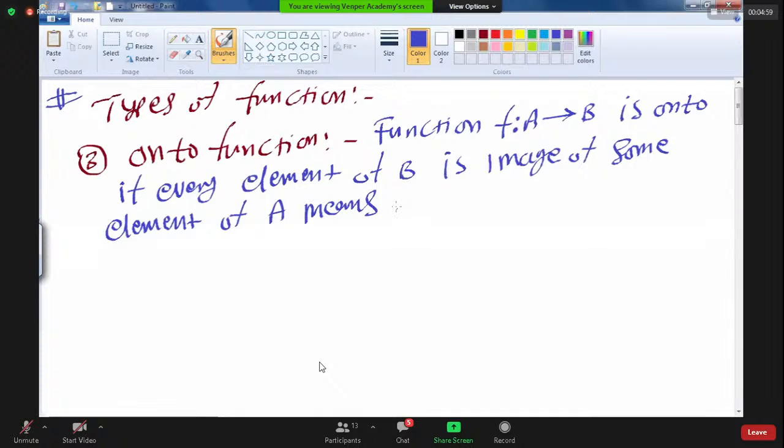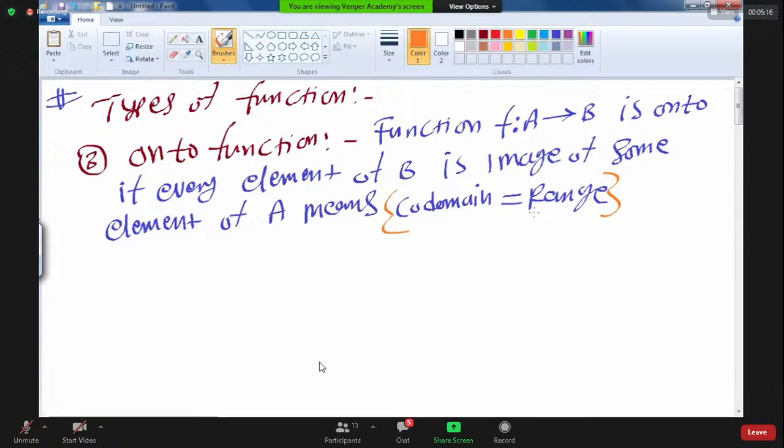In simple language, it means codomain should be equal to range. This is an important point. If codomain is equal to range, then you will say that the function is onto function.